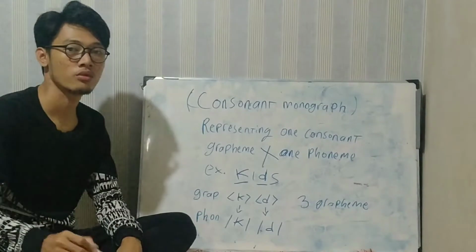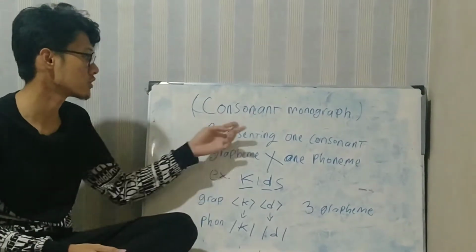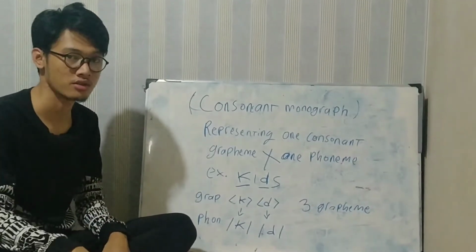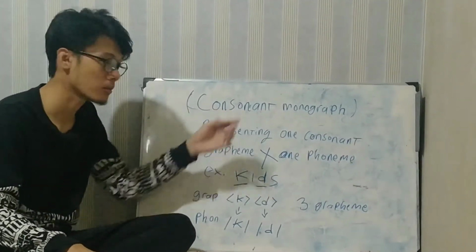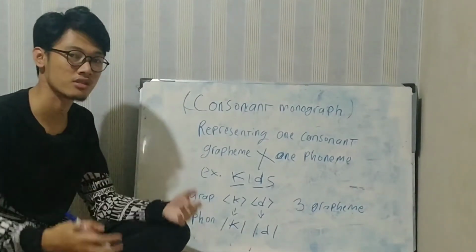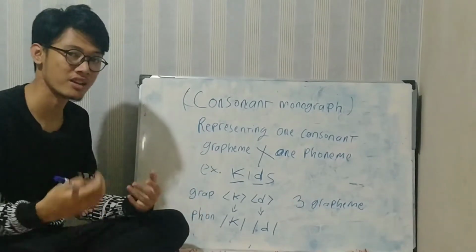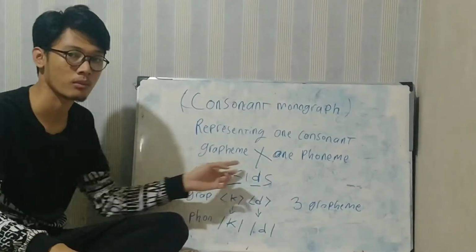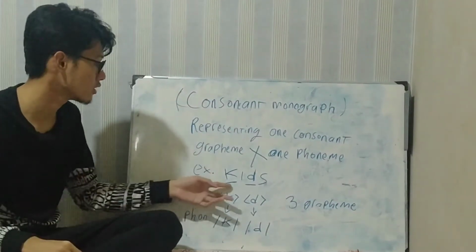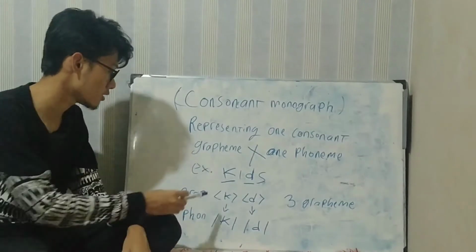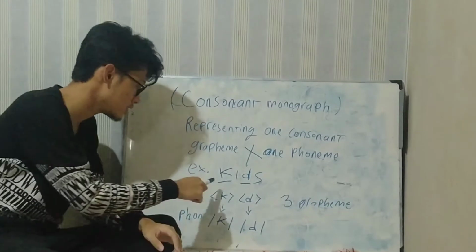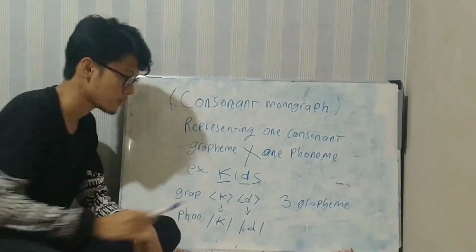Right now we're moving on to the third section, which is consonant monograph. We're not going to talk anymore about vowels. Instead, we talk about consonants, which basically means a word that represents one consonant grapheme and one consonant phoneme. As you can see, I have the example kids. This is K and D, kid.